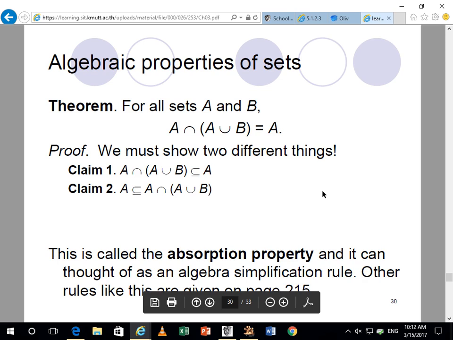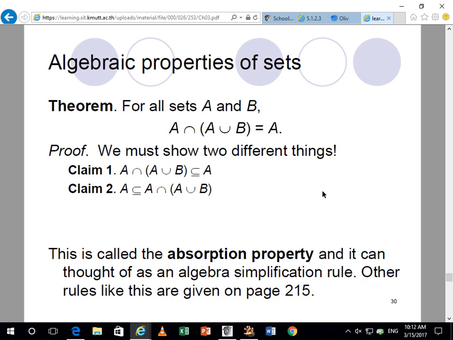Okay, not much I can do on here. I cannot mark on this version. Anyways, so this property, A intersect A union B equals to A, is called the absorption property. That means when you take union and then intersection, you'll get the original set A back.